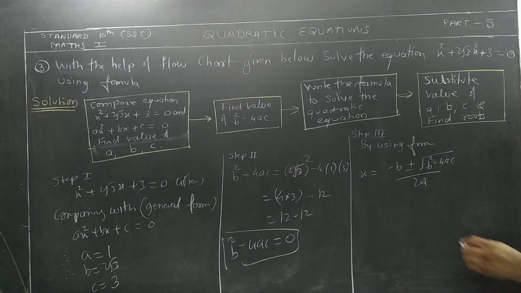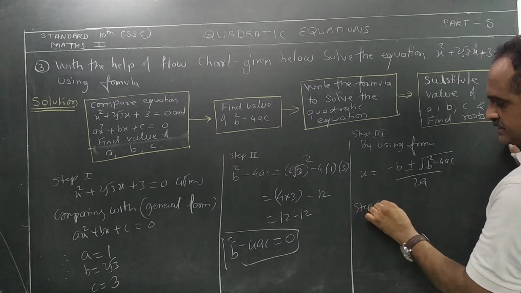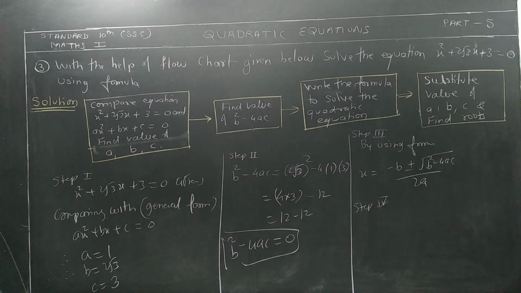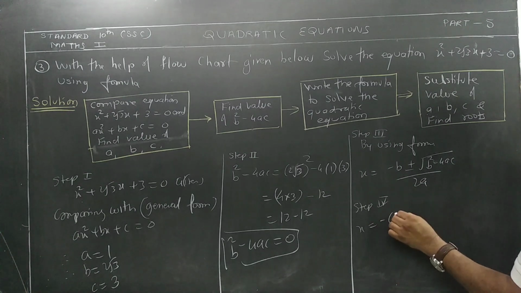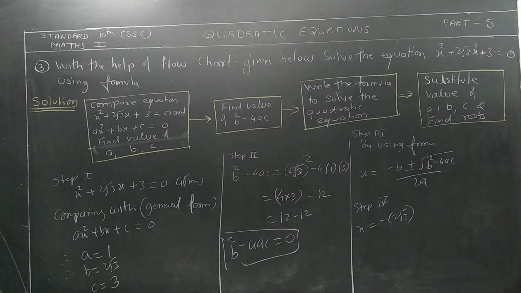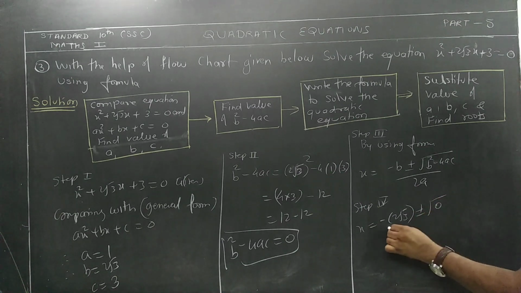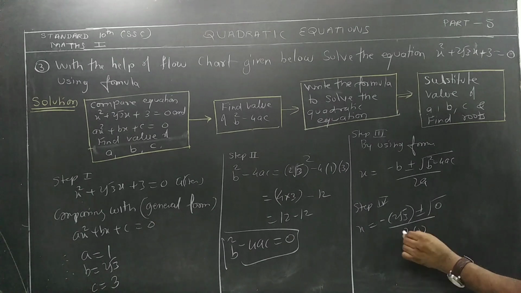And fourth step, step 4, we are going to continue with this. X is equal to, what is the value of b? Minus b is minus, in bracket, 2 root 3 plus or minus root 0 upon 2 into 1.